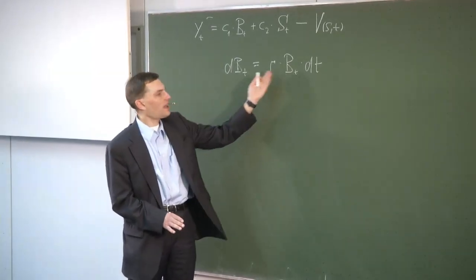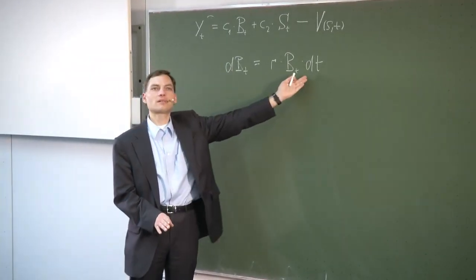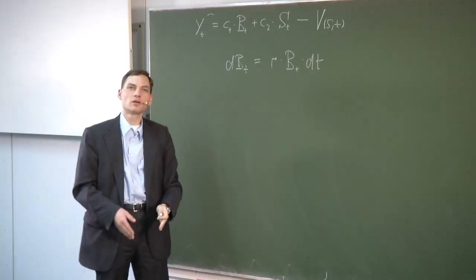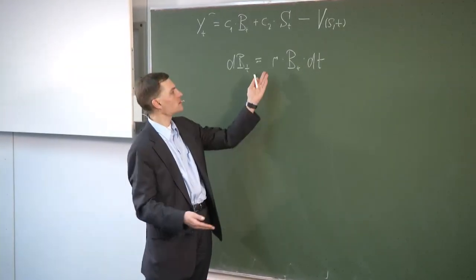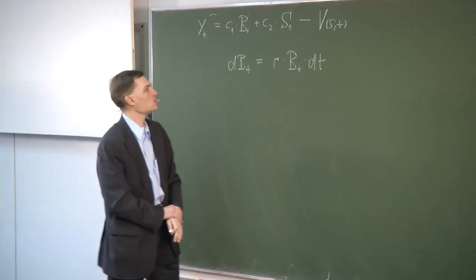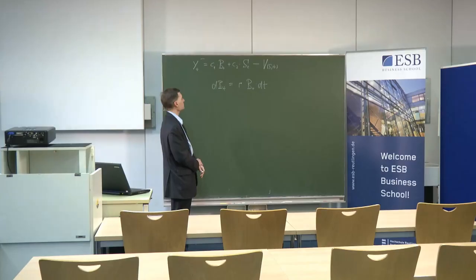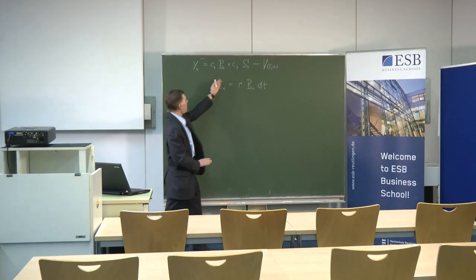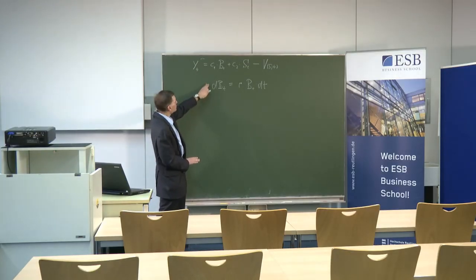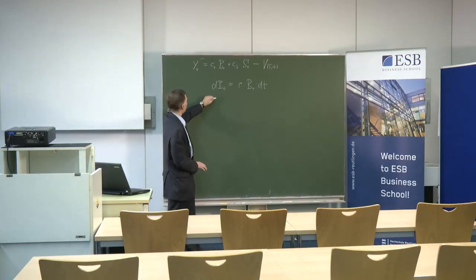By the way, your bank account behaves like this equation because you have a rate of return, R, every year or every month that is paid on the amount which you have on your bank account. So this is the behavior of a risk-free asset. So if my portfolio also should behave like a risk-free asset, I can write down the same equation for my portfolio.